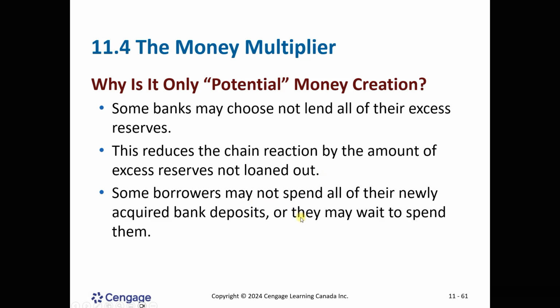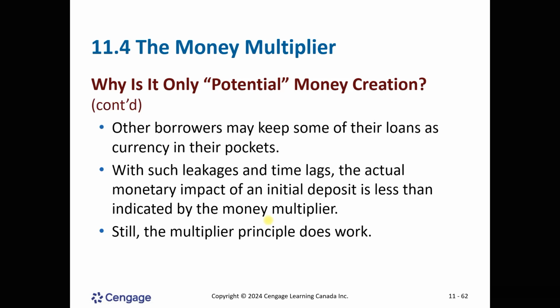Some borrowers may choose not to spend all of the money that they newly acquired from bank deposits. They may choose to just leave it there or to just have it with them. That is why we call it potential. Other borrowers may keep some of their loan as currency in their pockets. So it is not certain that it's going to become 1 million. However, it has the potential of becoming 1 million.